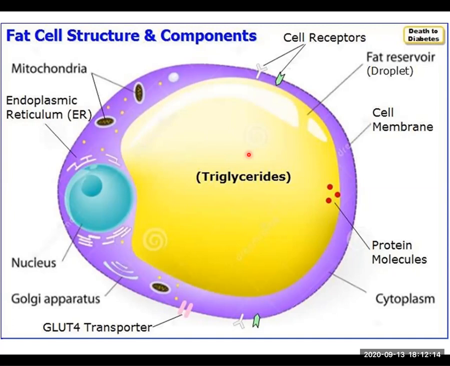It is very unique. If you look at this adipocyte, you can see that this is amazing, the entire cell does a lot of other things, but the major thing is to store these triglycerides. You see this space. When you go to the store and buy a lot of food, you need to find a place to store it.